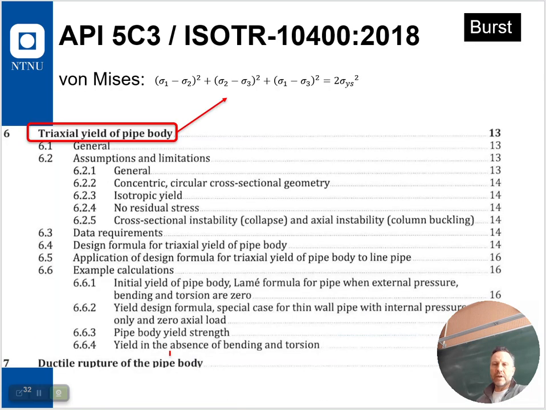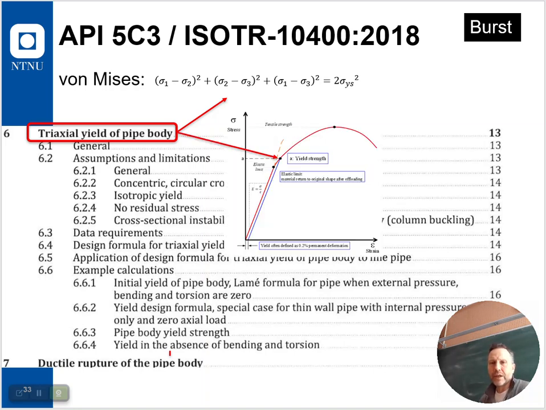Here is the formula itself, the standard itself. Now, what it recommends is triaxial designs for everything. It's very clear on it, and basically everything relates to yield.